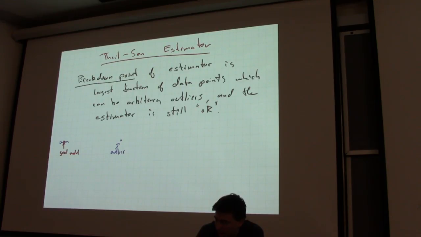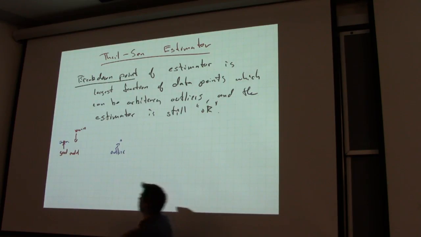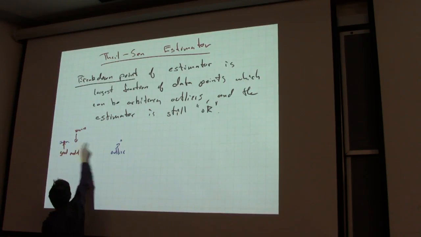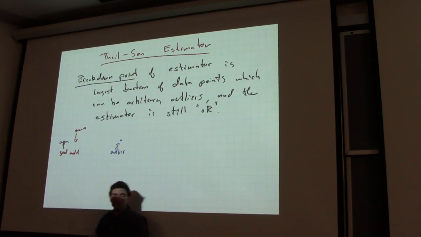But with an outlier, the mean may be pulled outside of where this data is by a single outlier.